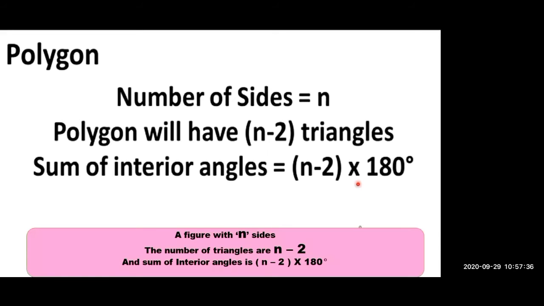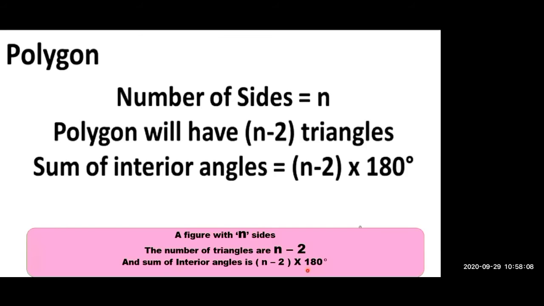So the sum of interior angles of that polygon will be n minus 2 into 180 degrees. In short, for a figure with n sides, the number of triangles is n minus 2 and the sum of interior angles is n minus 2 into 180 degrees.